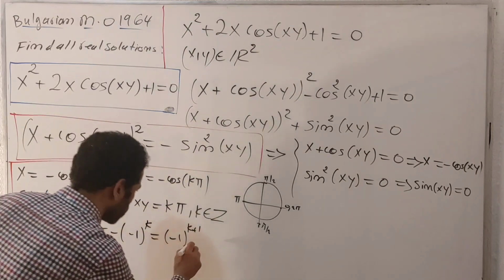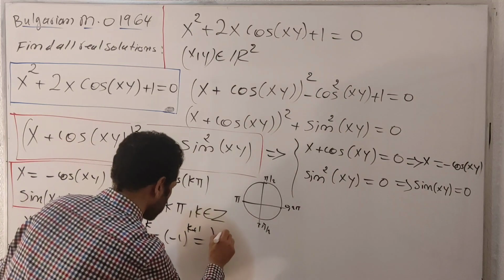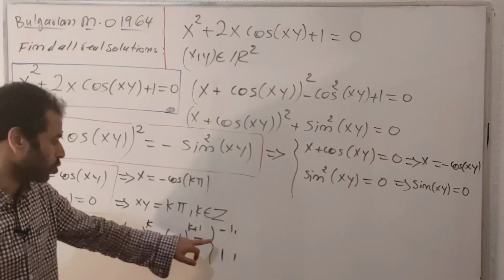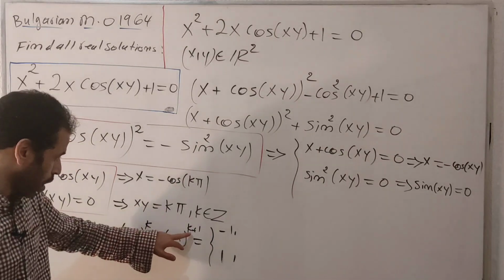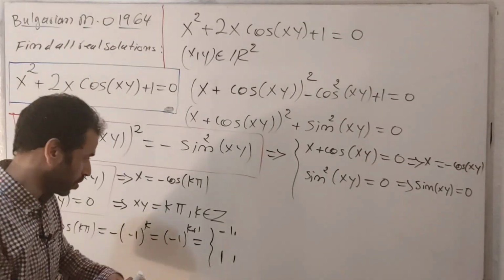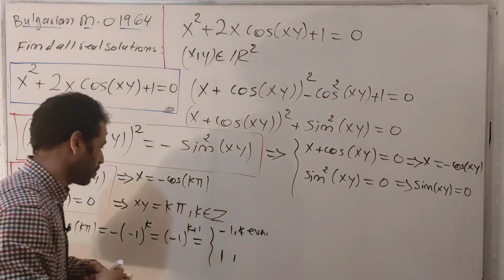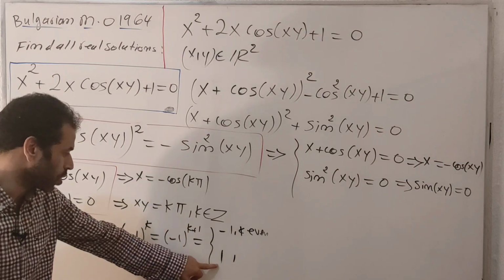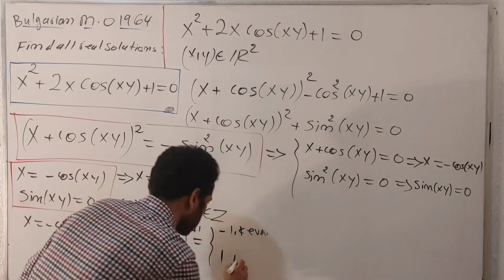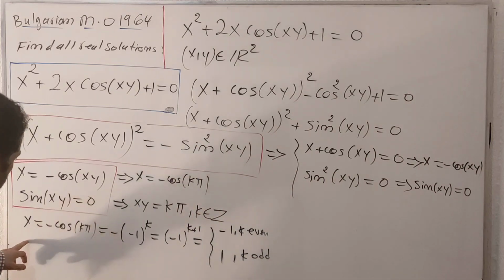This one is telling us x equals minus 1 or 1. With minus 1 to the k plus 1 equal to minus 1, we have k plus 1 is odd. That means k is even. With minus 1 to the k plus 1 equal to 1, we have k plus 1 is even. That means k is odd. I found the value of x.